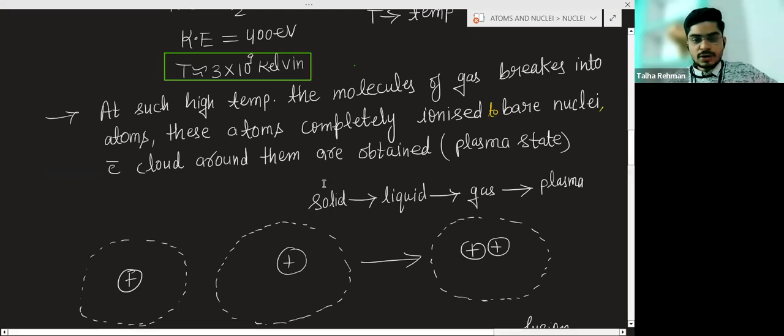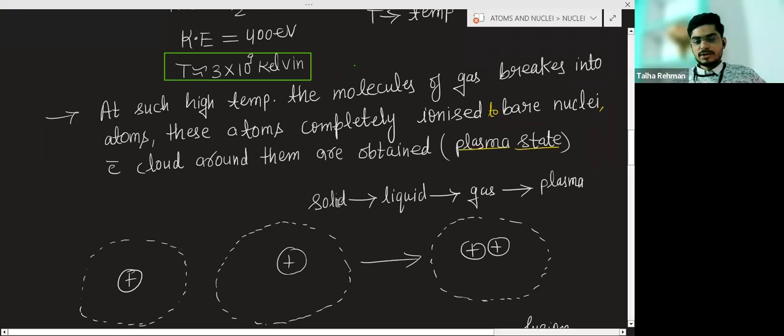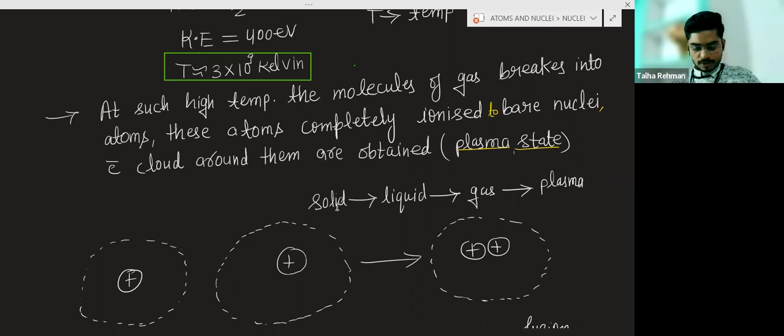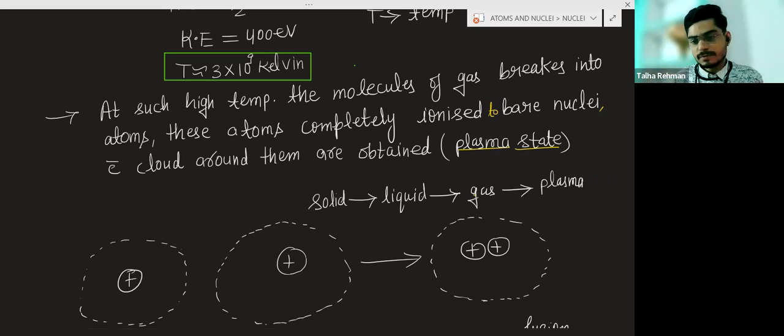And an electron cloud around them is obtained. Basically, you will get a plasma state. Now, what is the plasma state? From solid, if you increase the temperature, it will become a liquid. If you increase the temperature of a liquid, it will become a gas. If you again increase the temperature of a gas so much, it will become a plasma state.